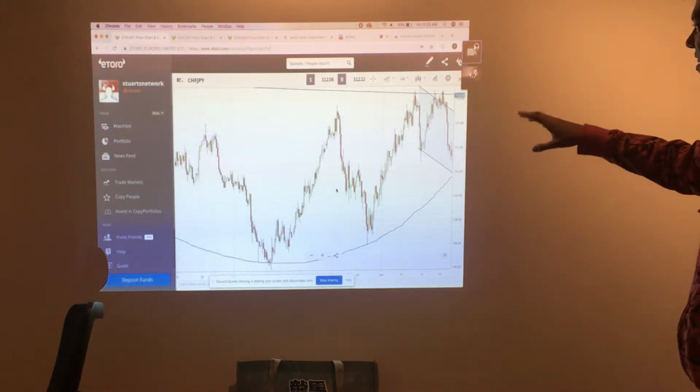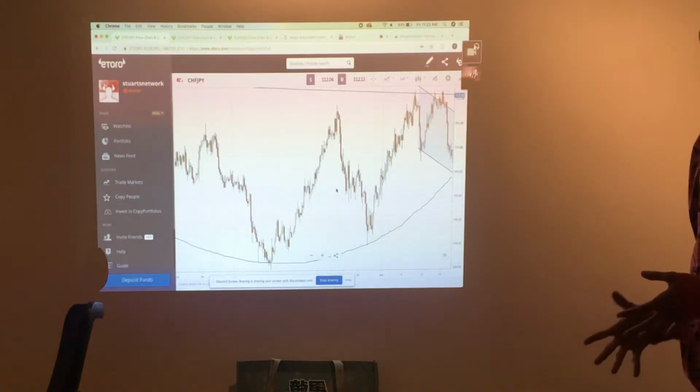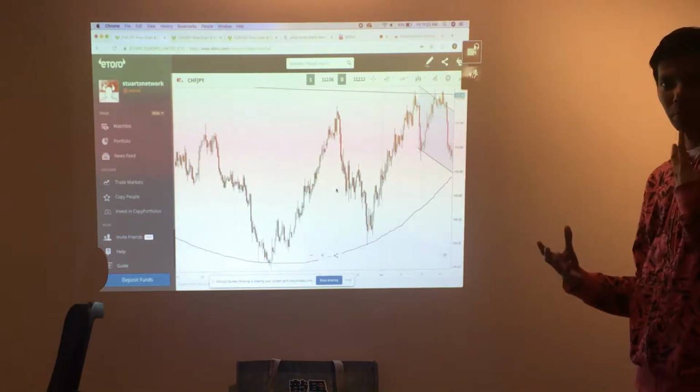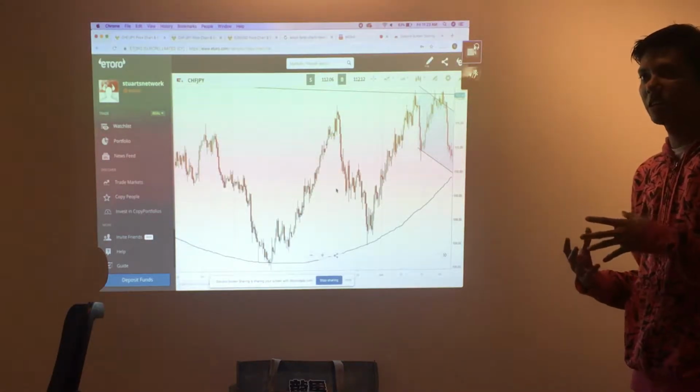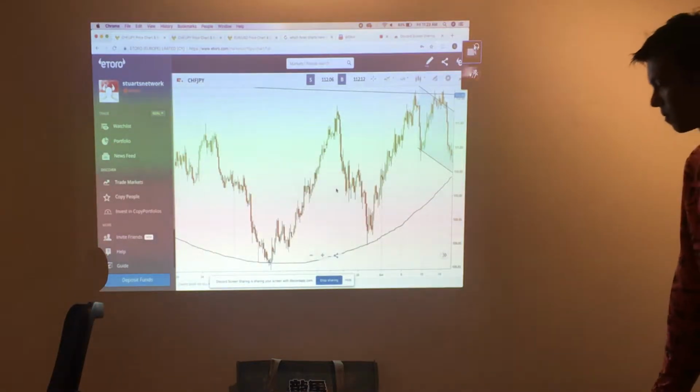It looks like a very natural movement, like any other chart. It's only when I look at it on a bigger time scale that I can really notice a pattern forming.